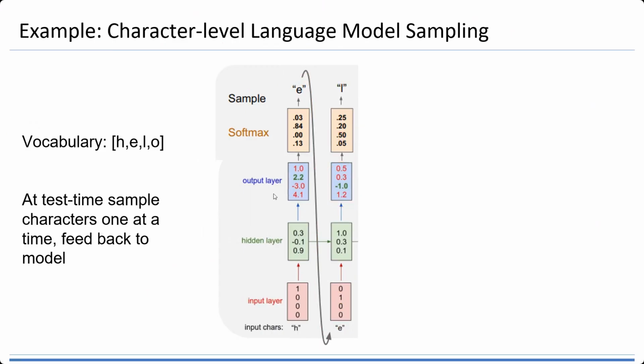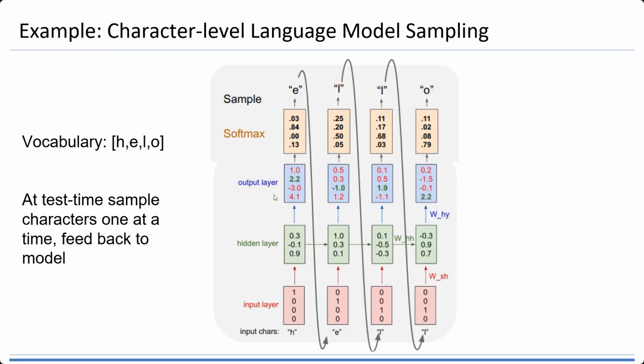And after we have this one, following the previous structure, after we have H and the output is E, E will be the input for the next step. With E as the input of the next step, we enter the structure, we have the output layer, we have the softmax, and we have the result L. So L will be the next input for the next step.